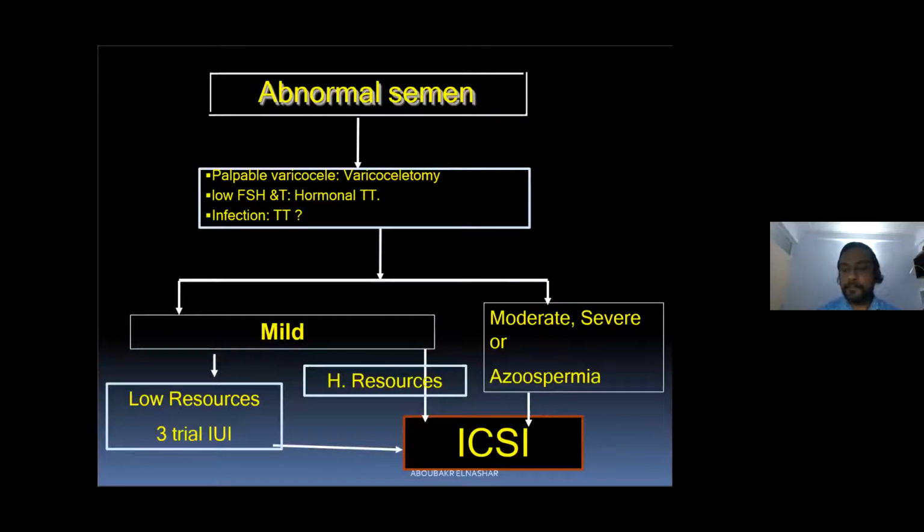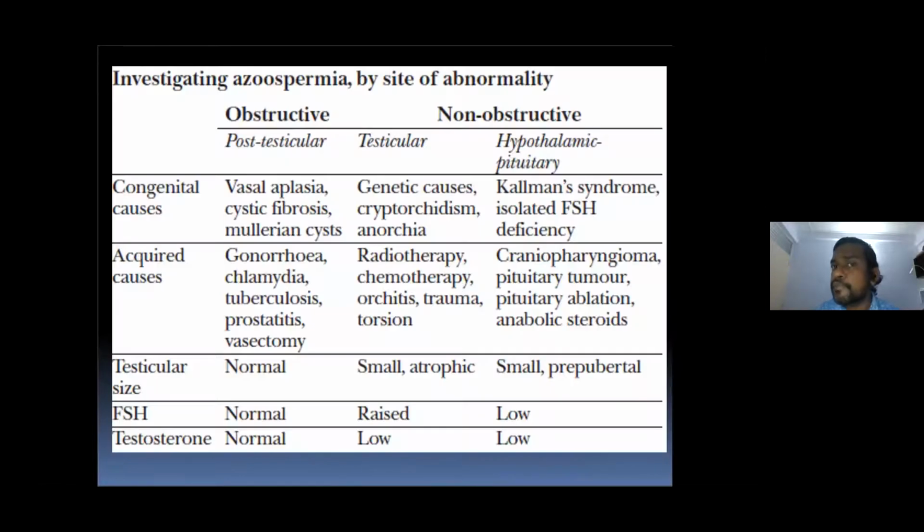What about the scrotal ultrasound scan? It depends on the clinical examination. One of the most common causes of male factor subfertility, with about 60% correctable causes, includes bilateral varicoceles.